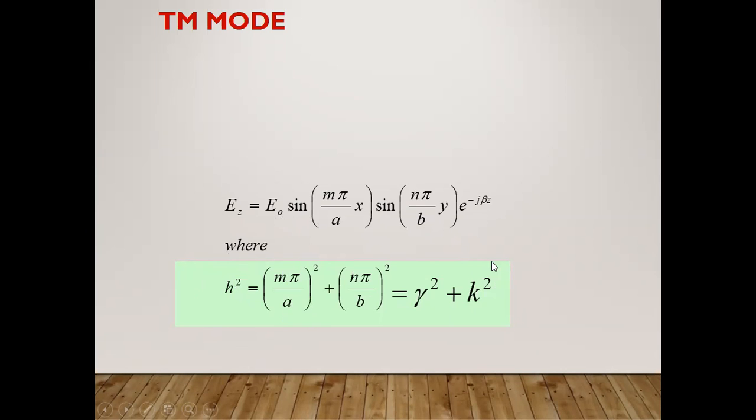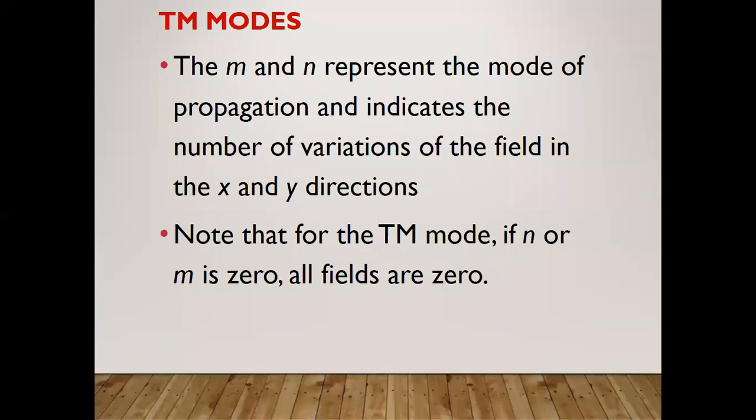So that is also possible. This is the constant value, this is the propagation constant, and you can find this A and B depending upon the value at the x coordinate as well as at the y coordinate. So in this way m and n are the representation of the mode of propagation, and also indicate the number of variations of the field occurring in the x as well as the y direction.